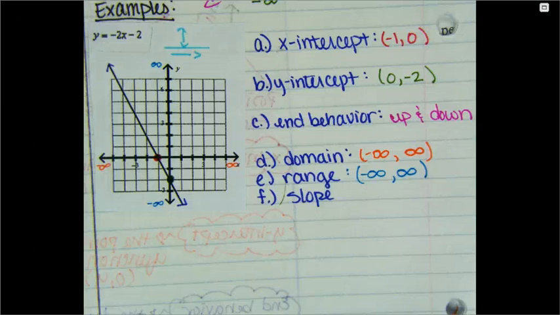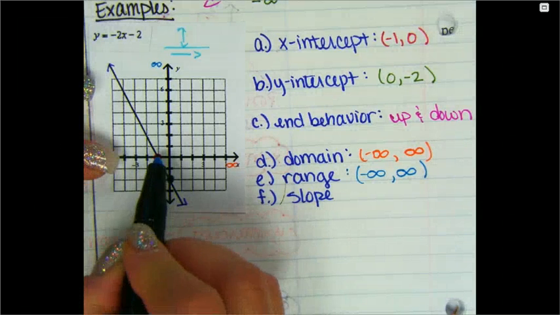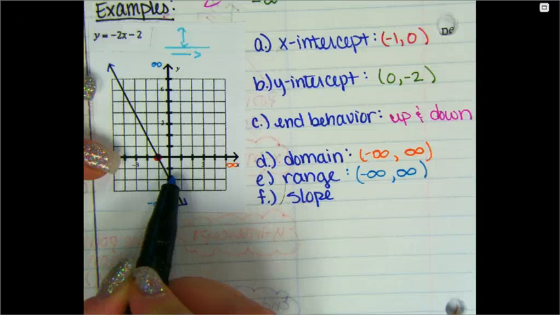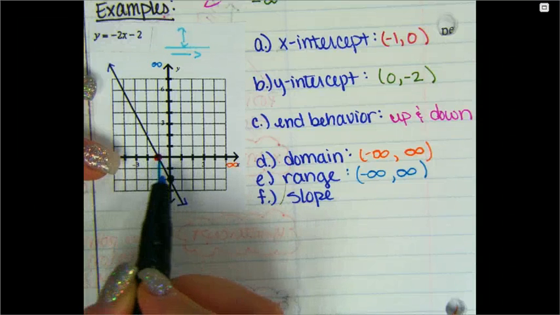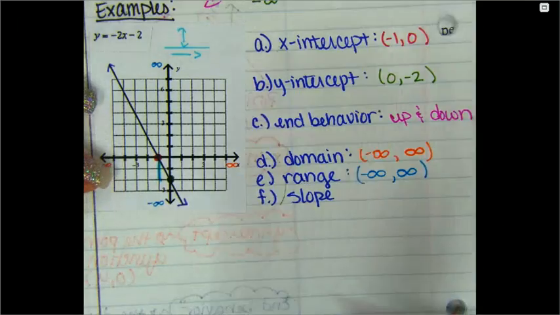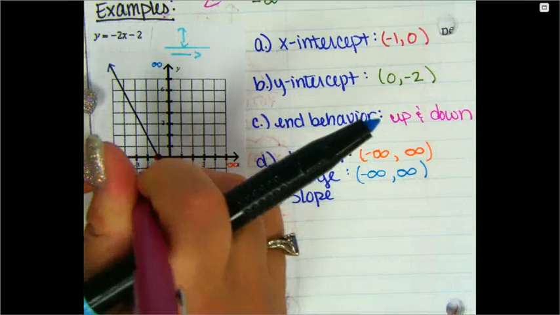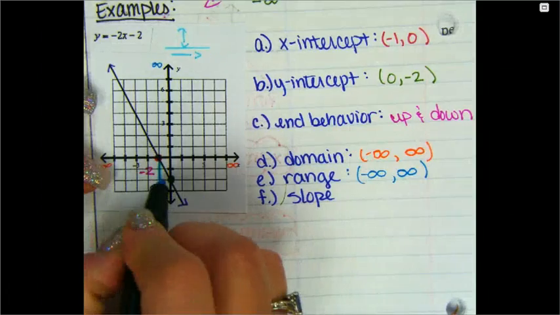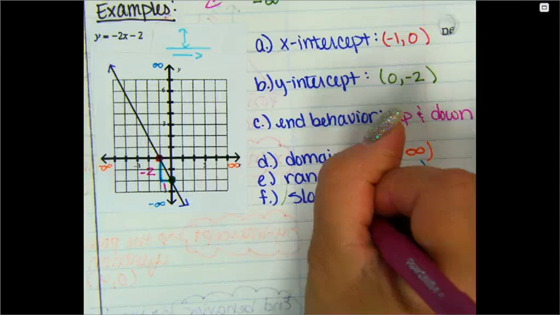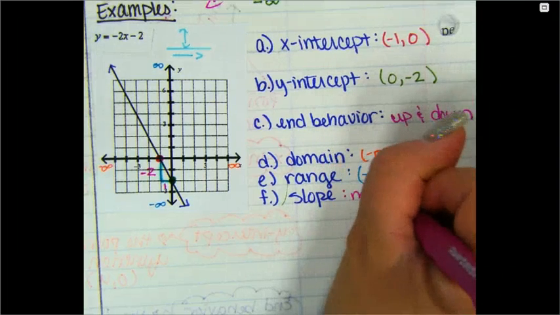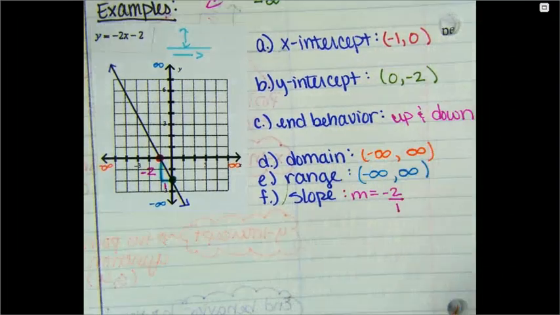So it's rise, remember it's up and down, and run is side to side, correct? So this is slope. So watch. I'm going to take from this point here, and I'm going to get to this point here. So I'm going to rise first, which really means I'm going down. How many did I go down? I went down 2, but it's negative because I went down. And then I go across how many? 1. So my slope is -2 over 1, right?